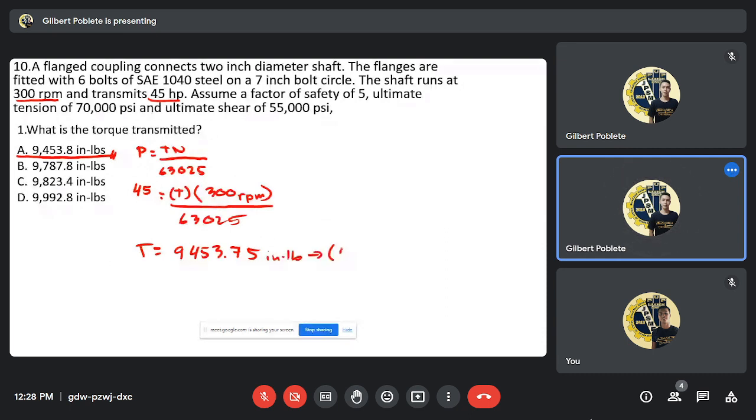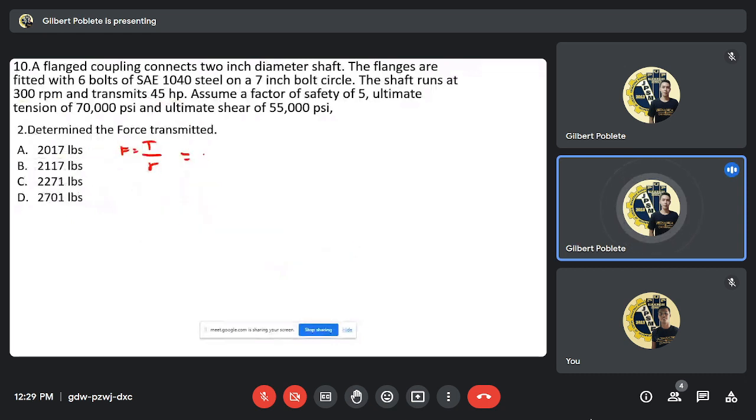Shift store A. So dito meron tayong A over radius, ay ang diameter. So 7 over 2. Para makuha natin si force. So we have 2,701.7 pounds. Ito, letter B.